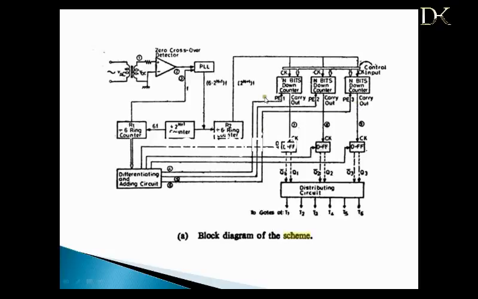The preset enable PE points of this down counter are made high at the zero crossings of VAB, VBC and VCA. These zero crossings are obtained by differentiating and adding the appropriate synchronizing waveforms obtained from the ring counter R1. The digital control input is used to adjust the firing angle.